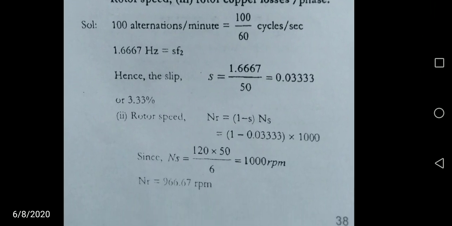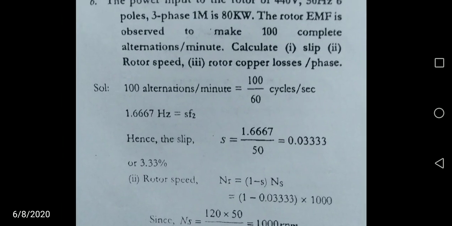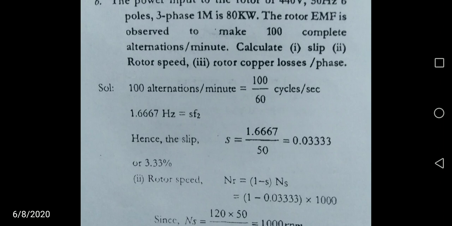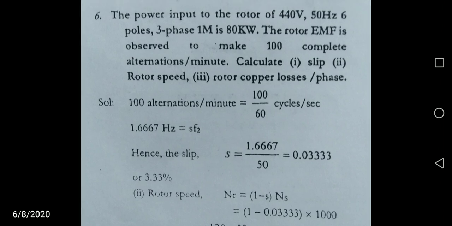And rotor copper losses means S into P2. P2 is 80 kilowatt. 80 into 0.033, that equals 2.64.